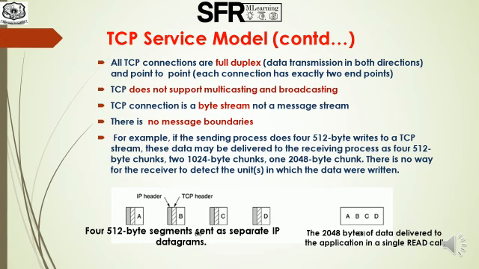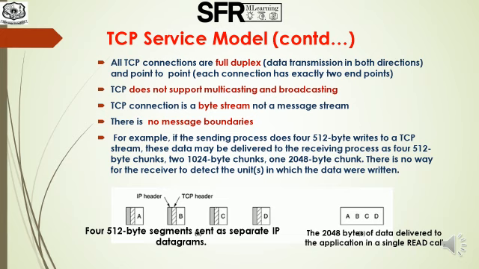Then a TCP connection is a byte stream, not a message stream. That is, there are no boundaries for the data. For example, if the sending process has 2048 bytes to send to the receiver, then this can be sent at a stretch as 4 512 bytes, or as 1 2048 bytes.